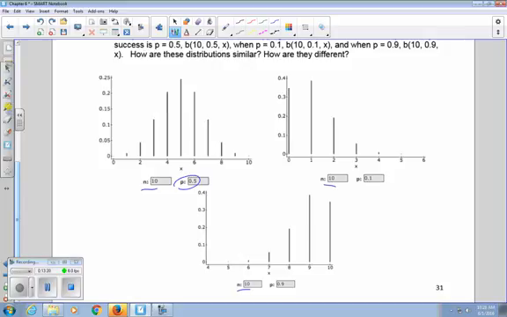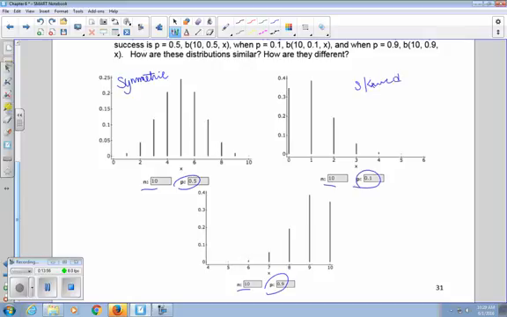Here it's 0.5, the probability of success here is 0.1, and the probability of success there is 0.9. So the first distribution is symmetric and unimodal.